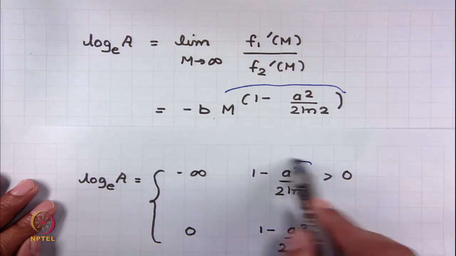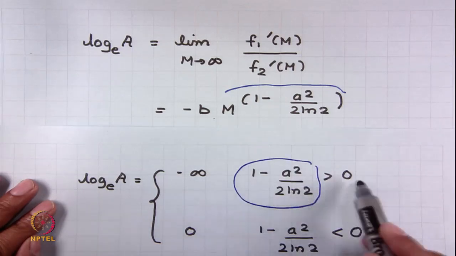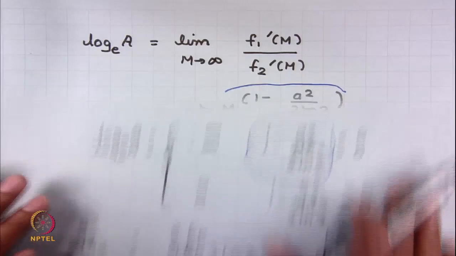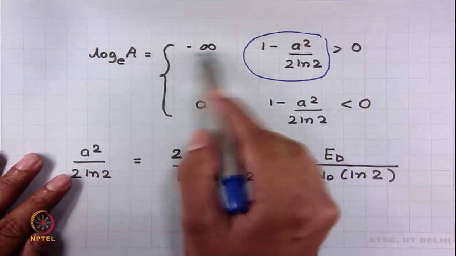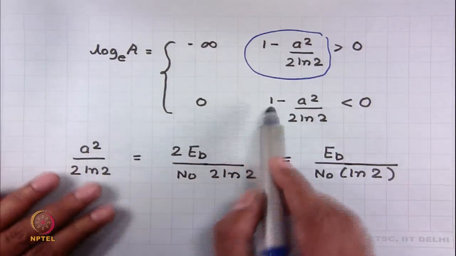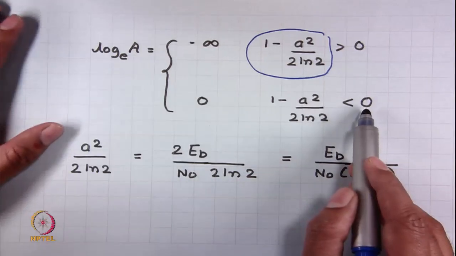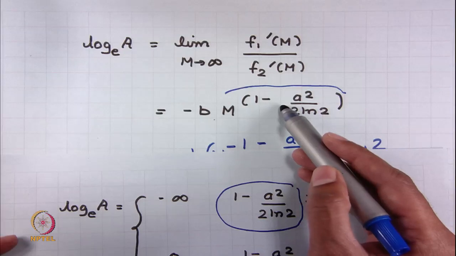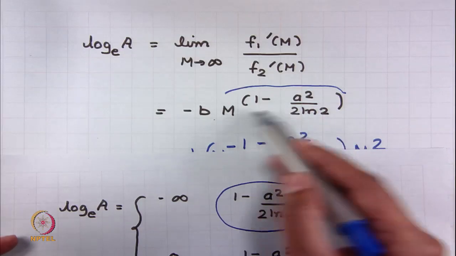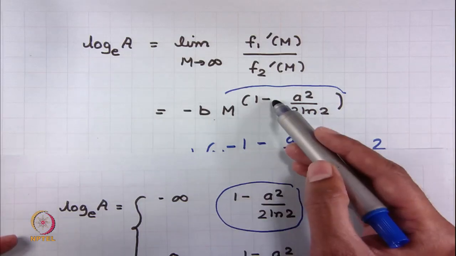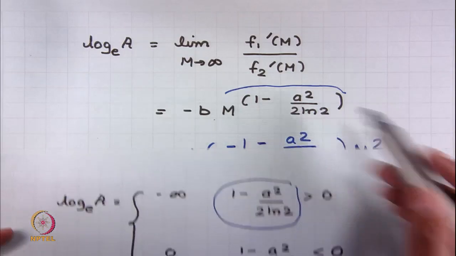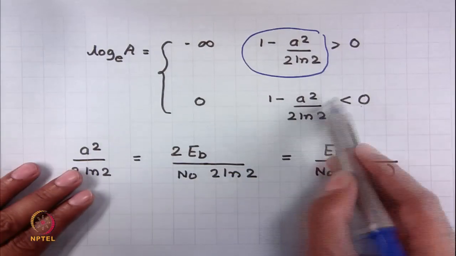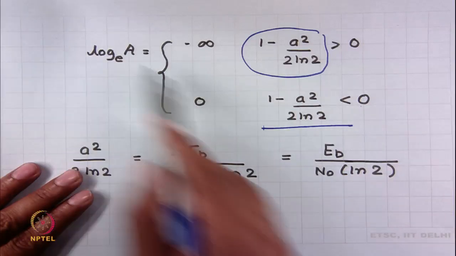So, if this 1 minus a square by 2 ln 2 is greater than 0, then ln a is simply minus infinity, and if this thing is less than 0, then you have infinity to the power less than 0. That means you have infinity raised to something negative, and this is simply 0. So, in this condition ln a is 0.